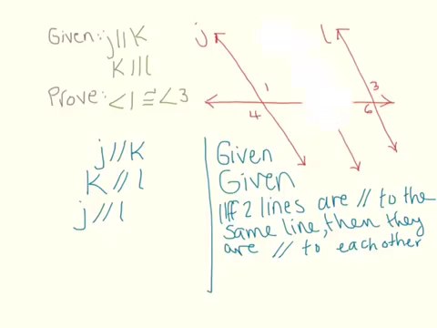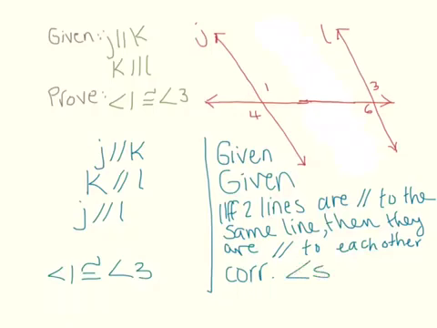If we take the middle line out, it will be obvious that angle 1 and angle 3 are corresponding angles. So we can say that angle 1 and angle 3 are congruent because they are corresponding, only because we proved that the lines are parallel.